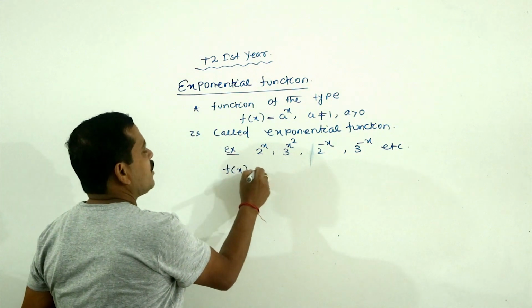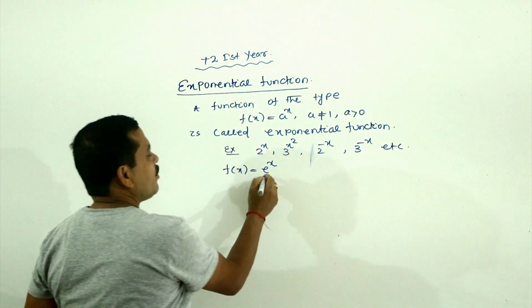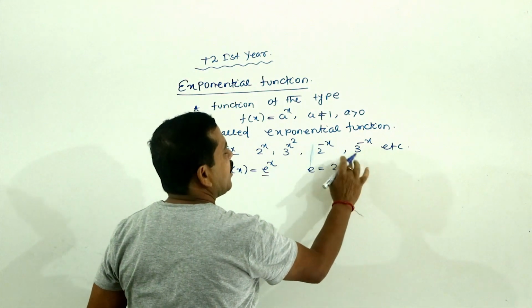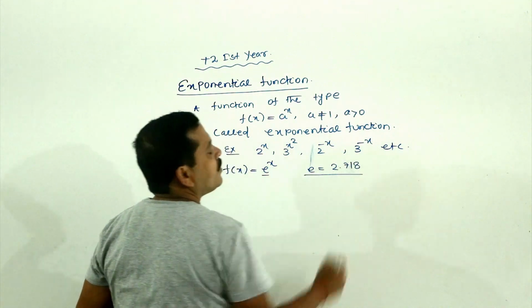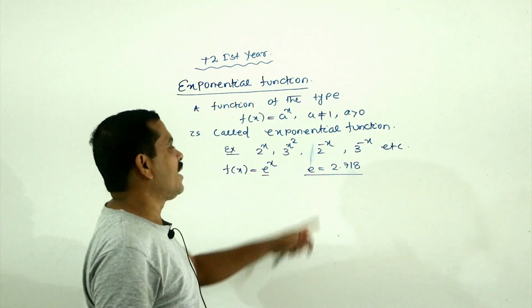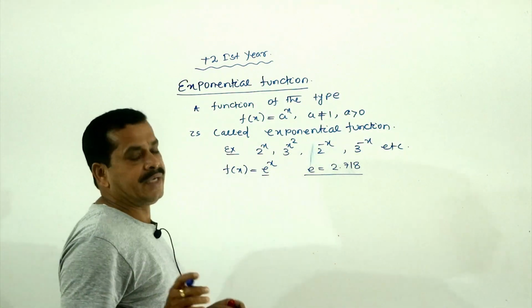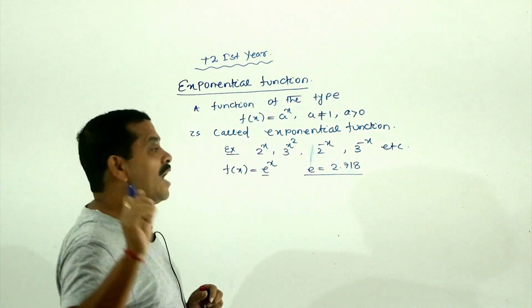Also, f of x equals e to the power x is an exponential function, because we know that e is approximately 2.718, an irrational number, that is, a particular value 2.718. In mathematics, e and pi are special numbers.